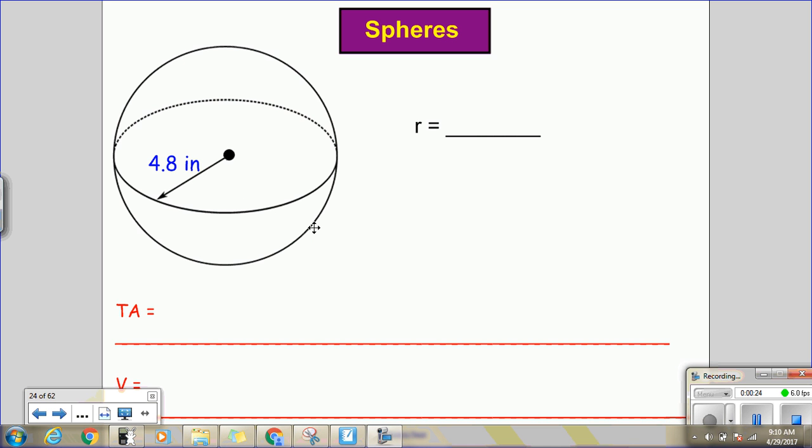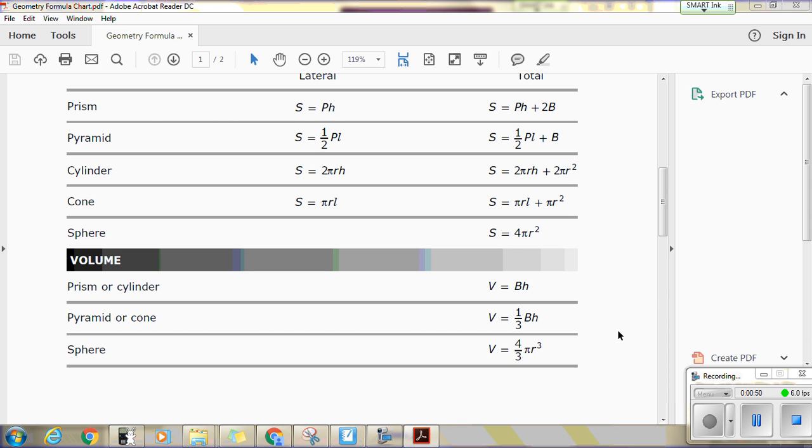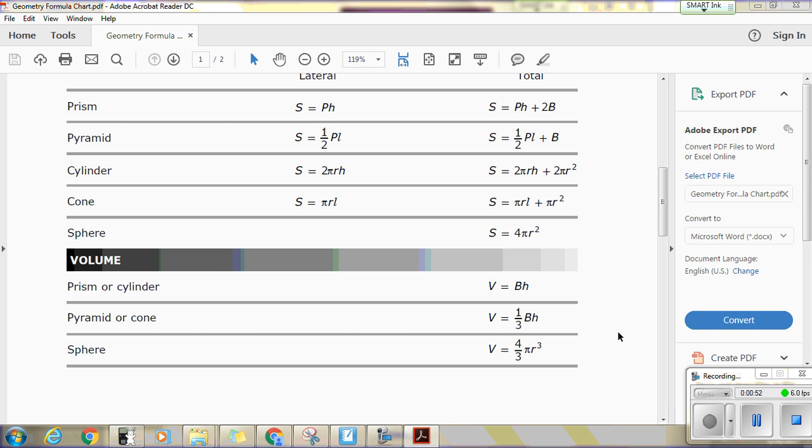Alrighty, so here's our sphere. Our sphere is nothing but a ball. And to find the total area and volume, we need the formula chart. For surface area of a sphere, it's 4 times pi times radius squared.